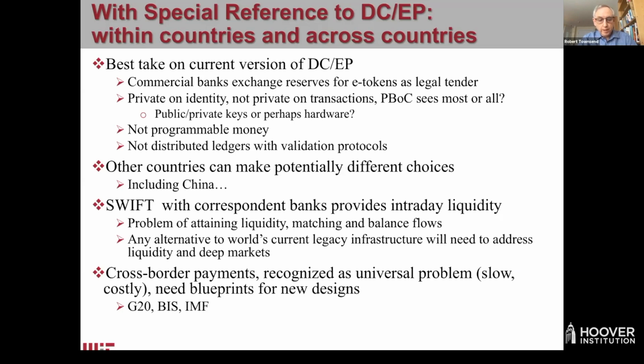It's really quite an open question and of great interest how to handle the cross-border payments problem. It's universally recognized under G20 and BIS, IMF plans to come up with blueprints for new designs.